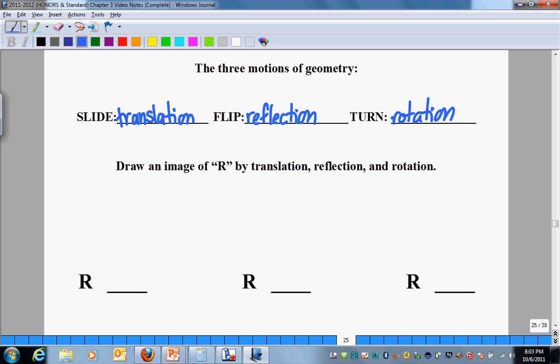Take a moment and try to take that image of R and draw a translation, a reflection, and a rotation of it.